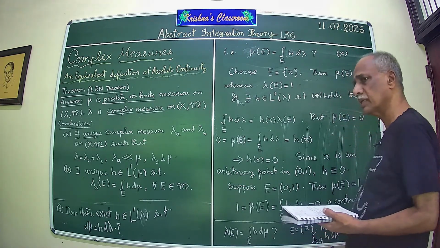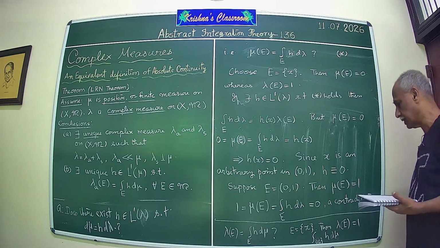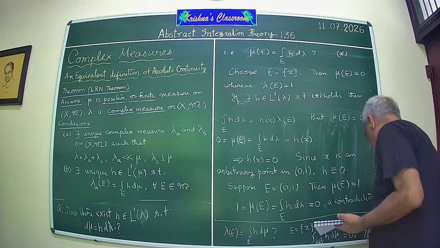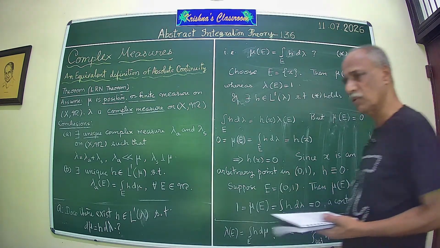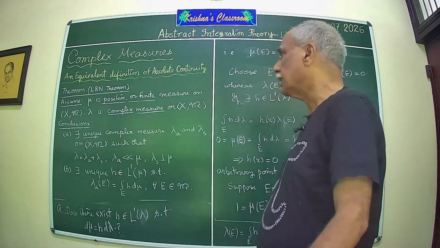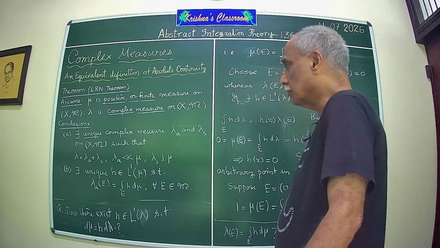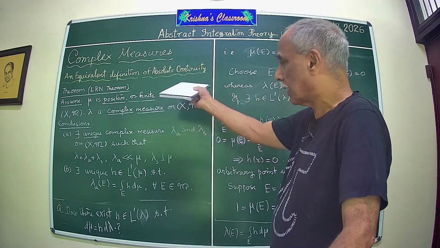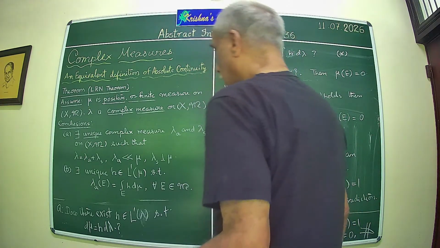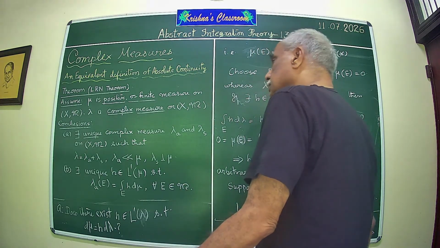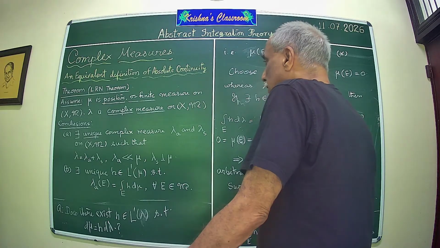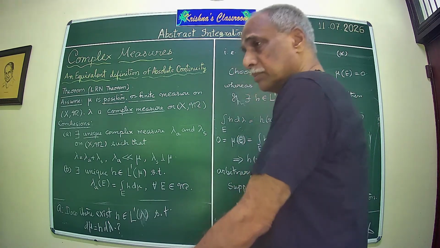The measure of the singleton set is 0. So this is equal to 0. Again you have a contradiction. So either way it doesn't work. Either way there does not exist an h in L1. So this is the conclusion: to draw the conclusions of the Lebesgue-Radon-Nikodym theorem, one requires the stated conditions or the stated assumptions.